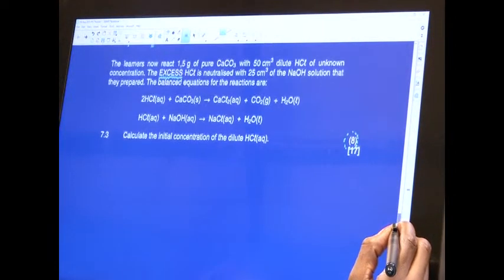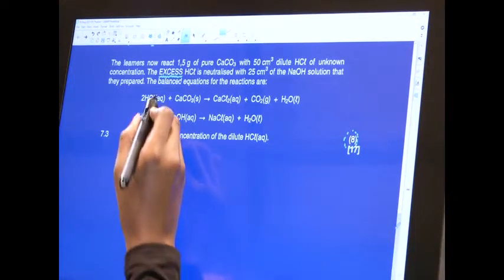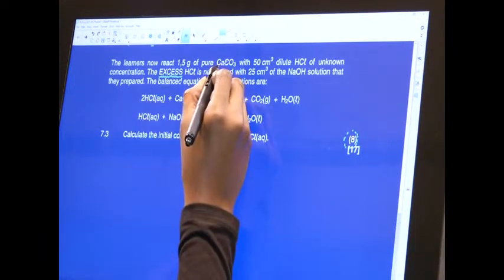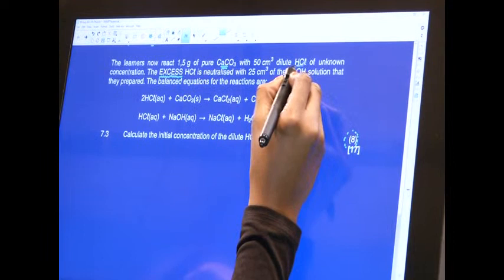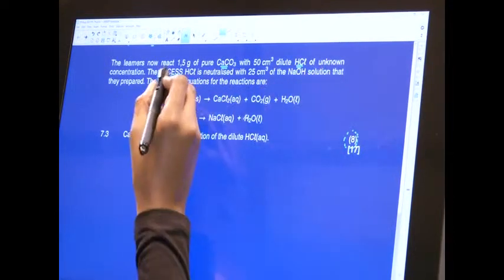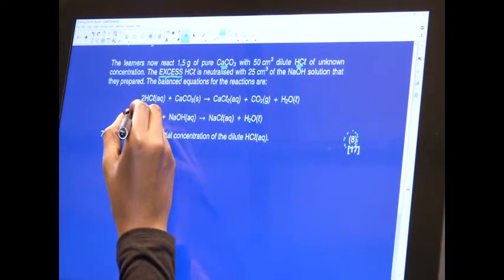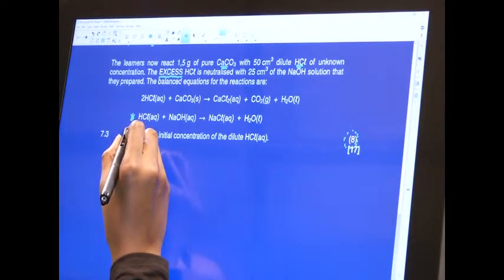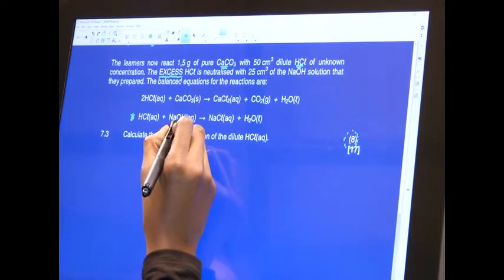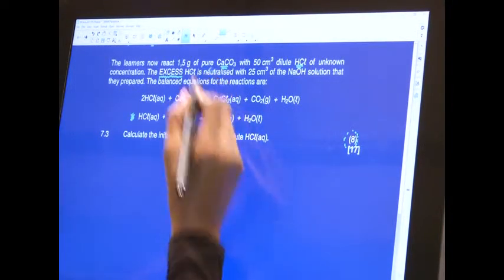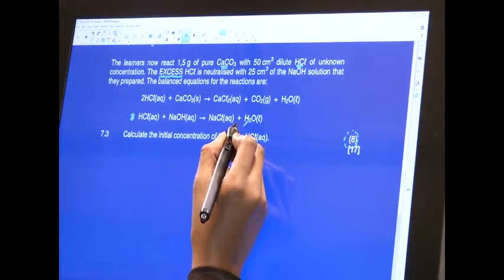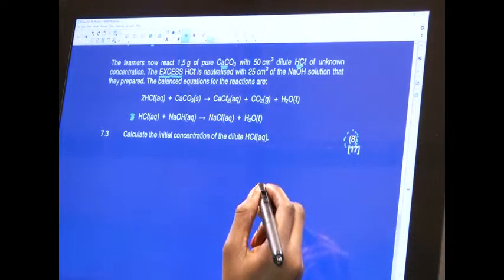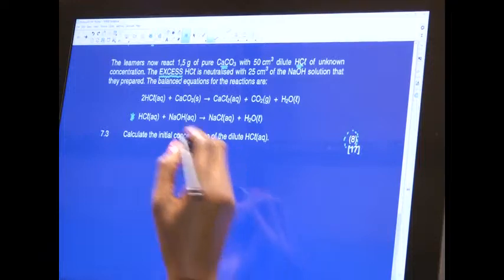So I've got 2 different equations, right? This is the first one where I have the calcium carbonate with the HCl. But then they also say that the HCl is in excess, so they continue to use the HCl in this equation with the NaOH, right, to neutralize it, and then I therefore have a new equation. So I've got quite a number of things that is actually happening here.